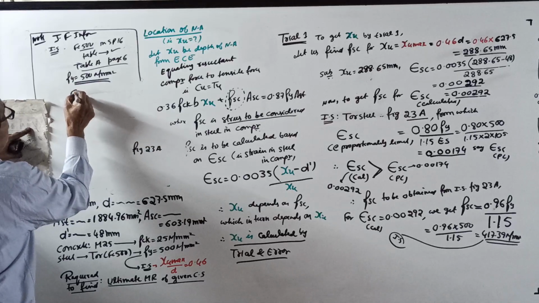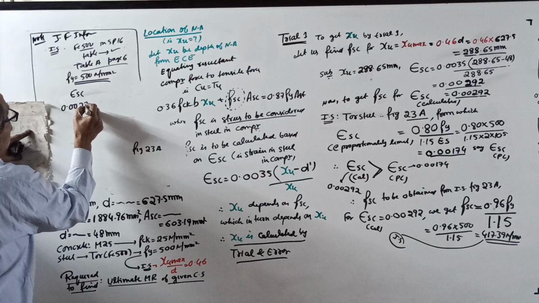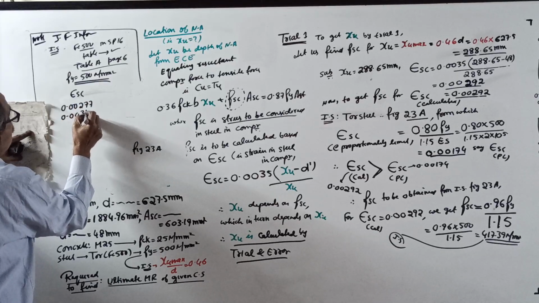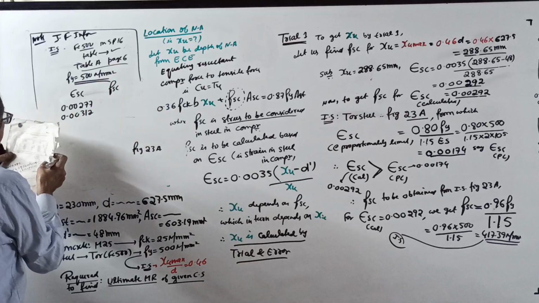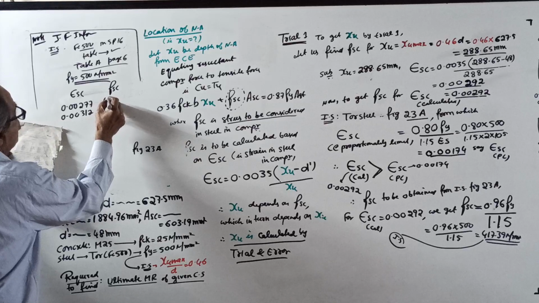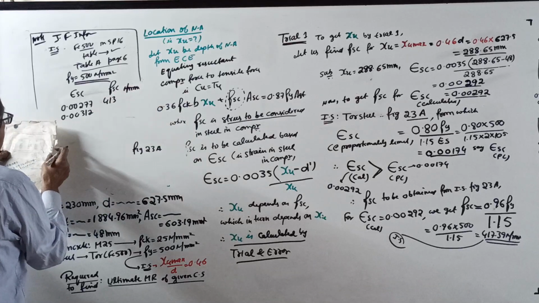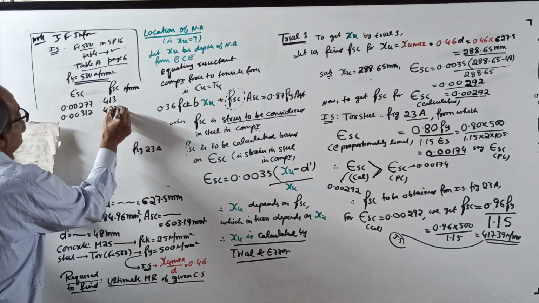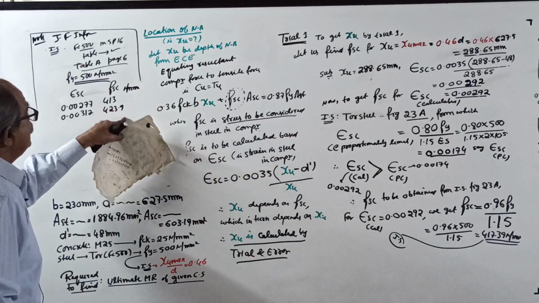For strain epsilon SC, 0.00277 and 0.00312, the FSC stress values are 413 Newton per mm square for 0.00277, and the other one is 423.9. That is 413 and 423.9.